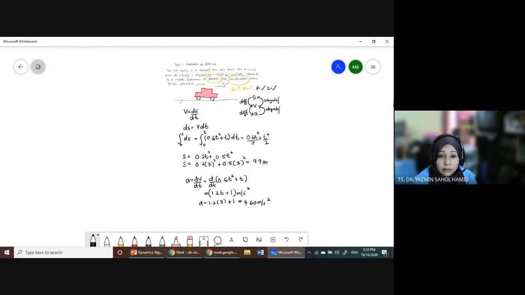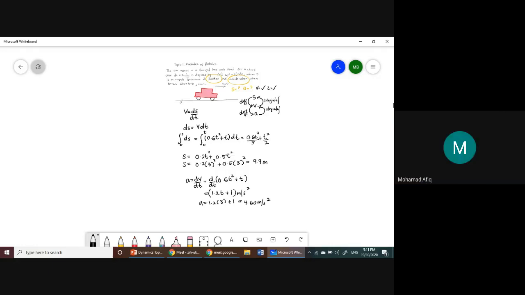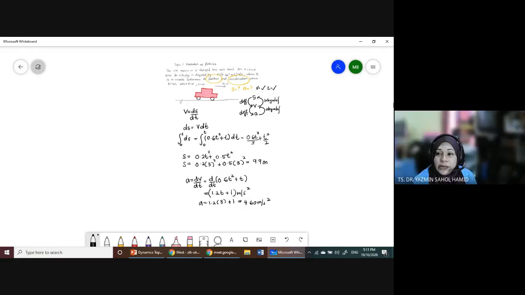This is important, because when you get a question, you must decide: are you going to use the basic kinematic equation or the formula with constant acceleration? Afiq, will you focus? I think your friends can answer this question.